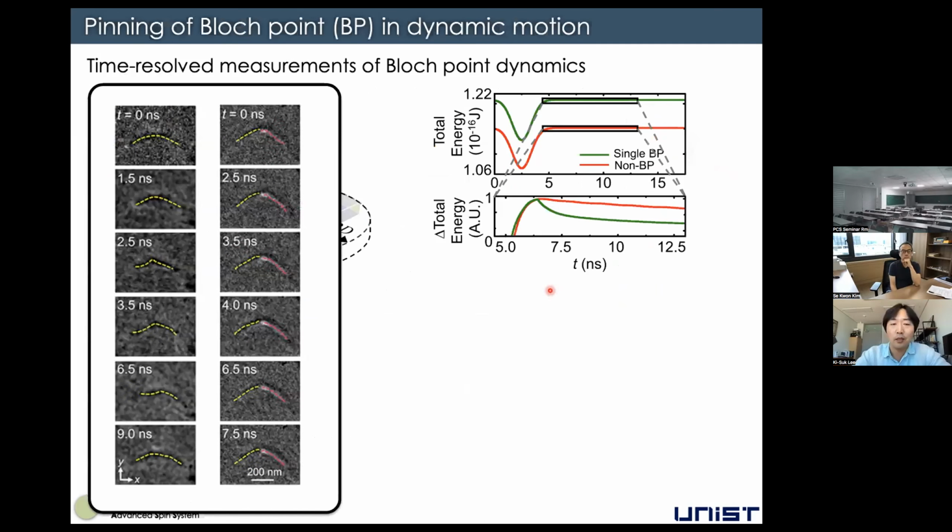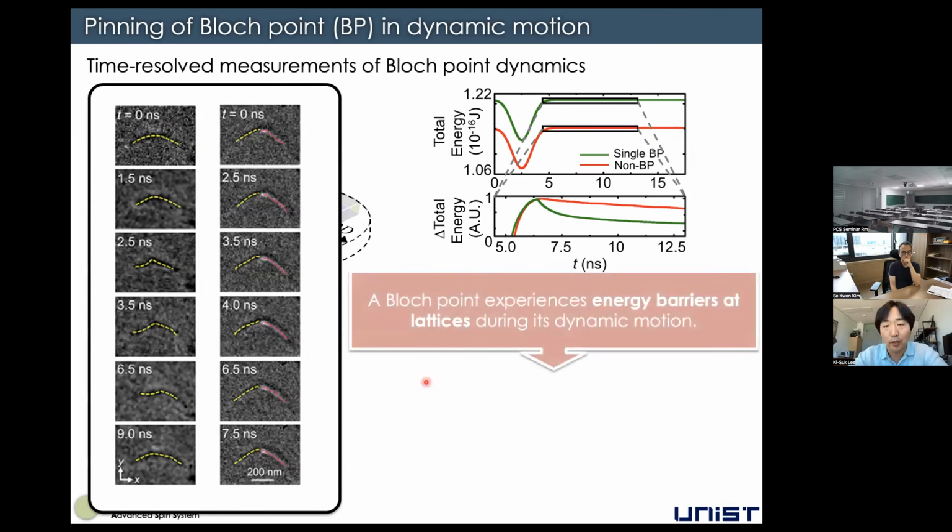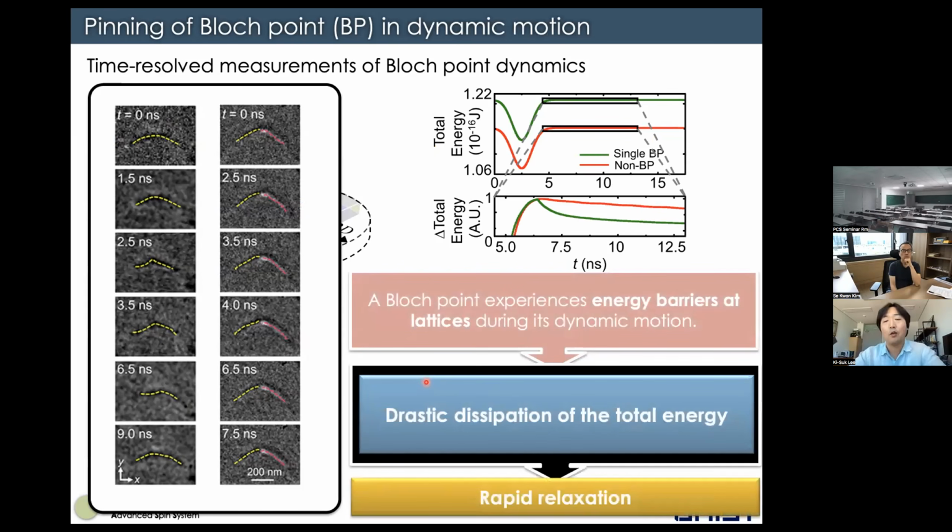So we think such a rapid relaxation is directly related to the atomic nature of the Bloch point. Okay, this is what we understand about the role of the Bloch point, and it comes from the atomic nature of the Bloch point. And we believe our experimental results tell us about that.